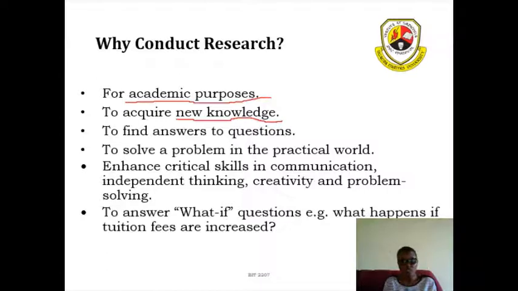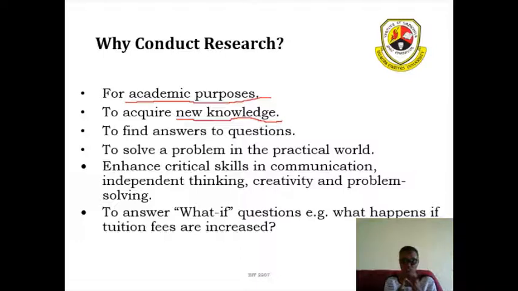You will not always be a bachelor's student. After this, you're going to be a graduate, an employee in some organization. At a certain point, you'll want to improve yourself further. That question will come, I need to get another degree to add on to what I have. And at master's level, it will be even more demanding. So it is a good idea to start now, desiring to acquire new knowledge.